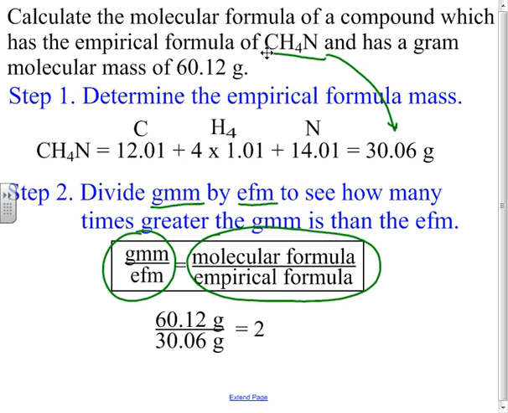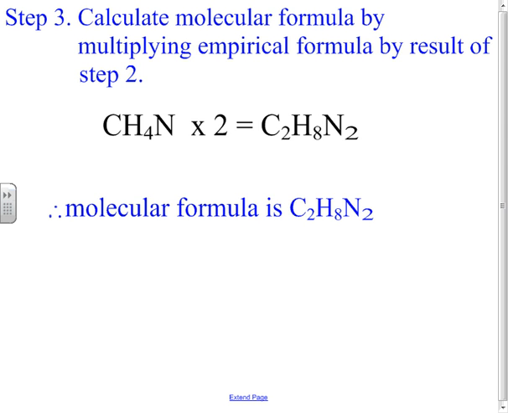So we take the gram molecular mass, divided by the empirical formula mass, and we get the number 2, meaning that the actual formula must be 2 times greater than the empirical formula. And so we take the empirical formula, multiply it by 2, and there we get the molecular formula of the compound, the actual formula of the compound.